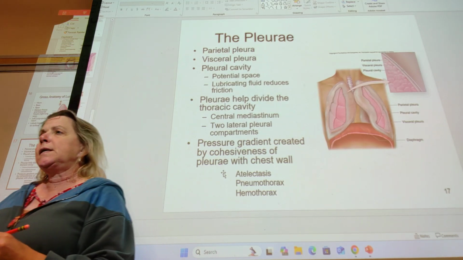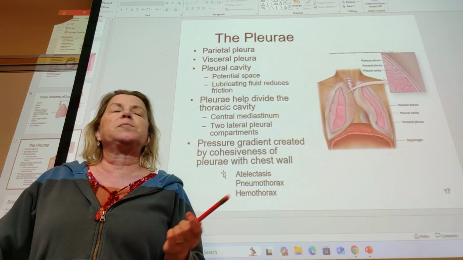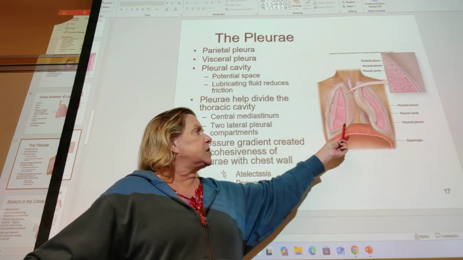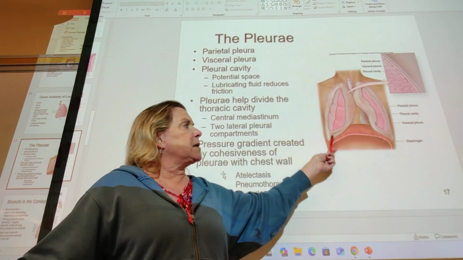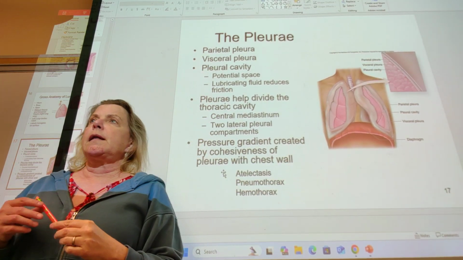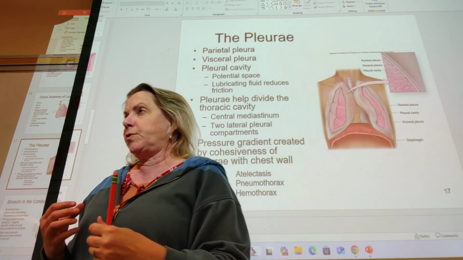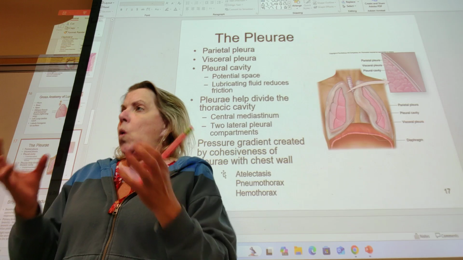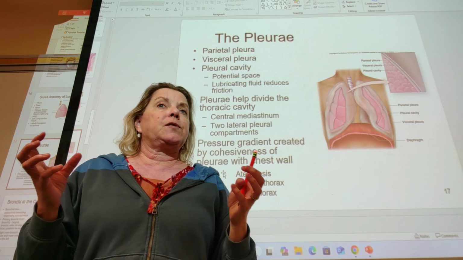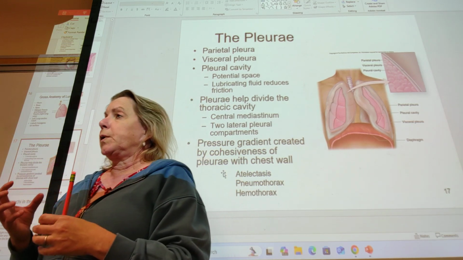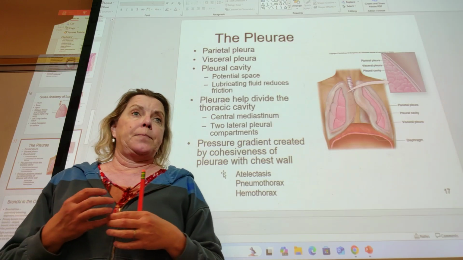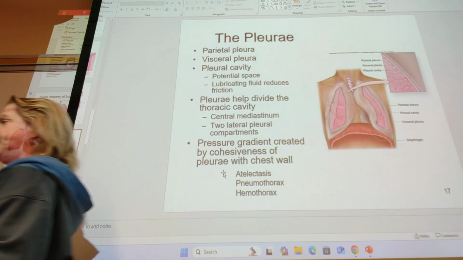And you're going to see in a future lecture that this slit-like potential space, that cavity, is supposed to have a negative pressure, which means it holds the lungs to the chest wall. When we talk about the work of breathing, we will explore that more in great detail.